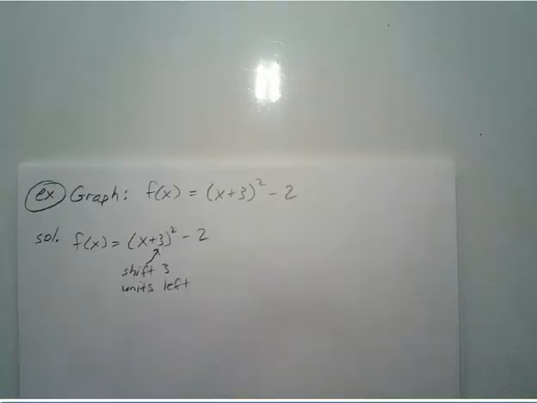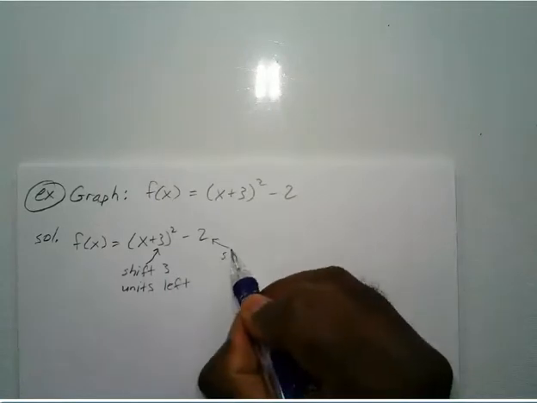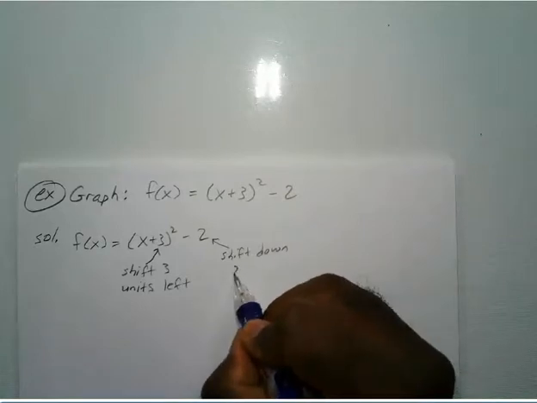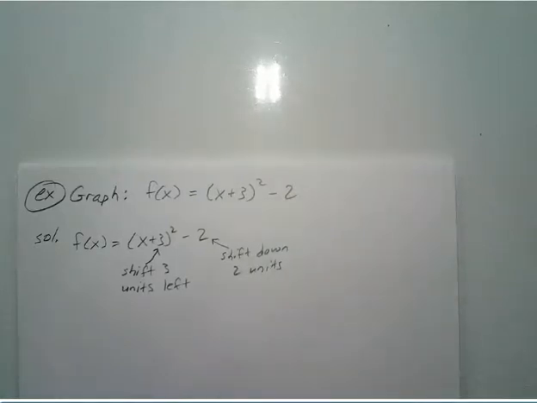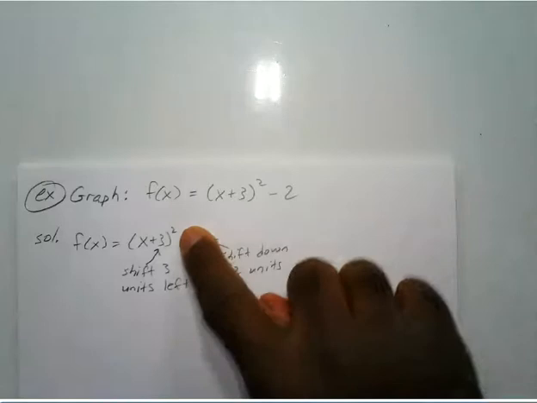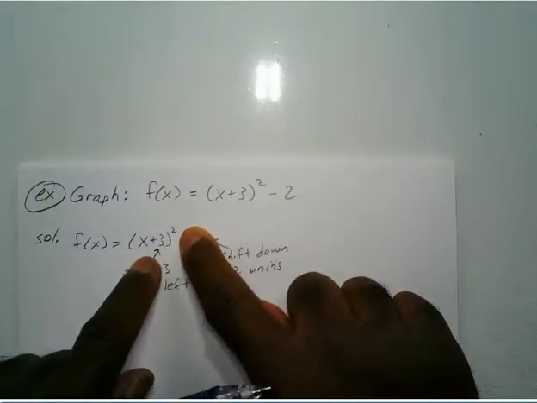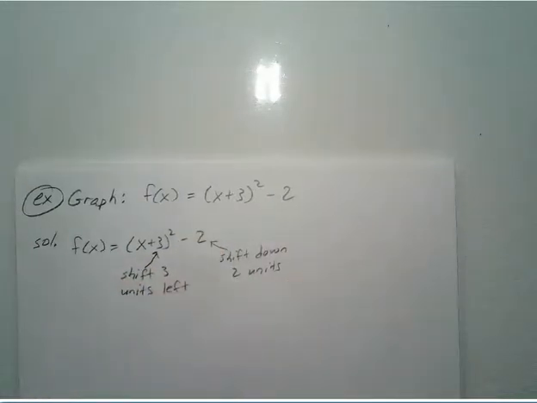The minus 2 lets you know you're going to shift down 2 units. Think of it this way: if you just had x squared minus 2, that x squared would shift down 2 units. But if you had just (x plus 3) squared, that x squared would shift 3 units left. So you're just breaking it down.